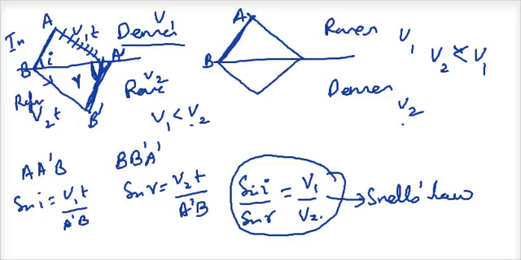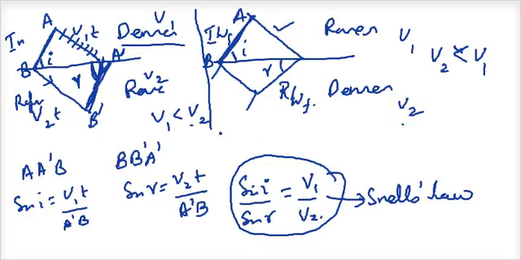So this is the incident wavefront. This will now become the refracted wavefront. By the same logic, if this is i, this will be r. Understand that here the distance traveled is much less than here. So this is how you can show that sin i by sin r is equal to v1 by v2.